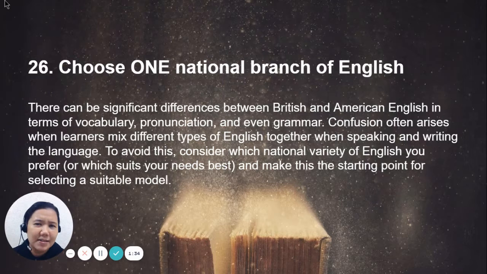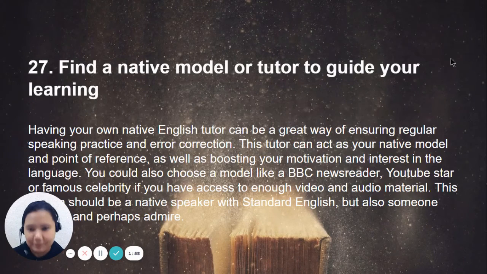Confusion often arises when learners mix different types of English together, especially when speaking and writing the language. To avoid this, consider which national variety of English you prefer, or which suits your needs best. Then make this the starting point for selecting a suitable model.